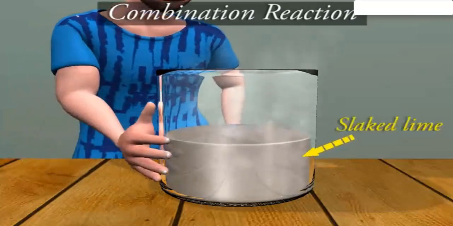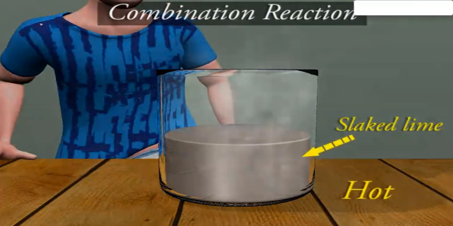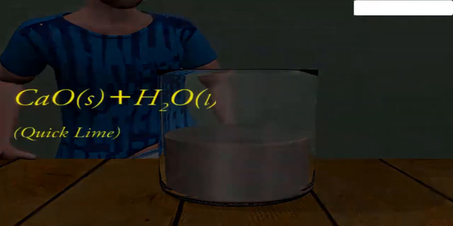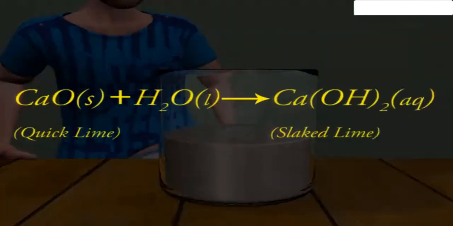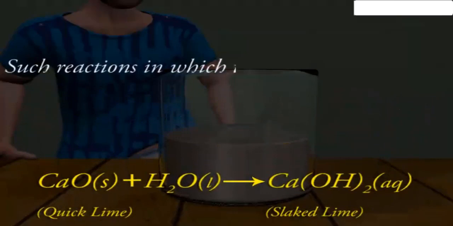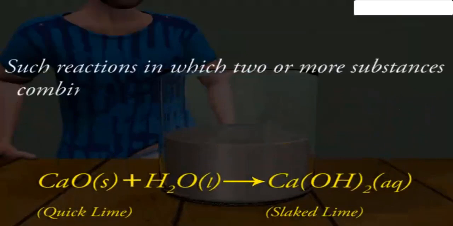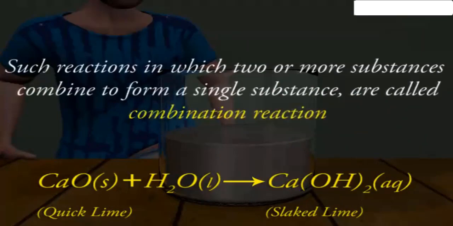On touching the beaker, you can easily feel that the beaker has become hot. In this reaction, CaO and H2O combine to form a single product, that is Ca(OH)2. Such reactions in which two or more substances combine to form a single substance are called combination reactions.